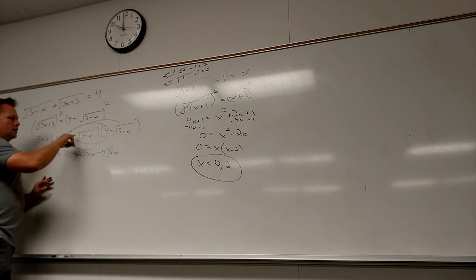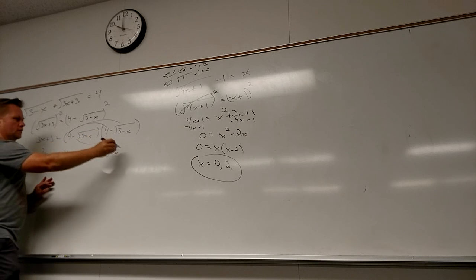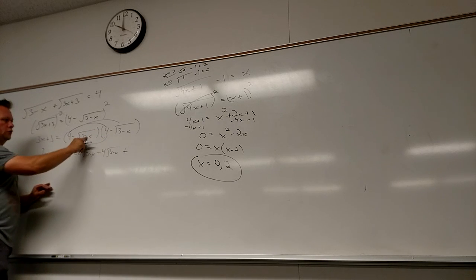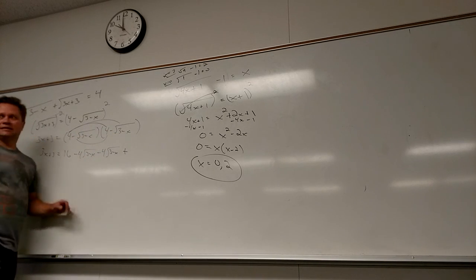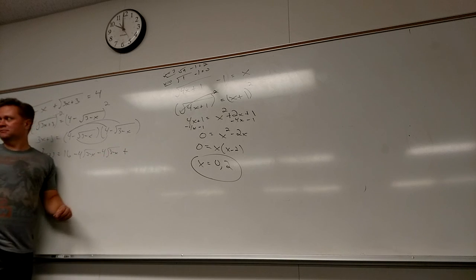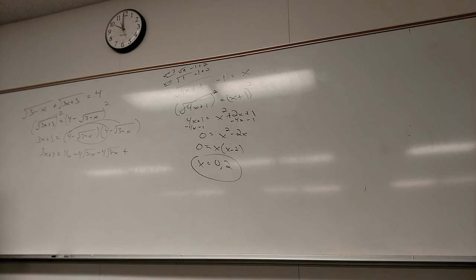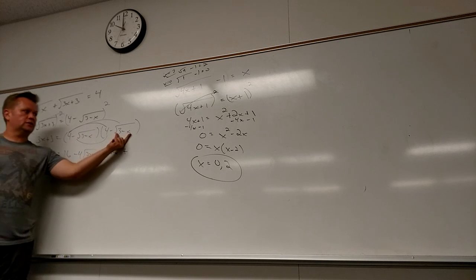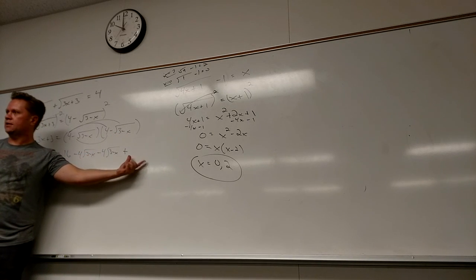And what's negative times negative? Positive. Square root of this times square root of this is this. What's the square root of 11.7 times the square root of 11.7? 11.7. You see why I was trying to get you ready? What's the square root of this times the square root of the same thing? It's that thing. It's 3 minus x.